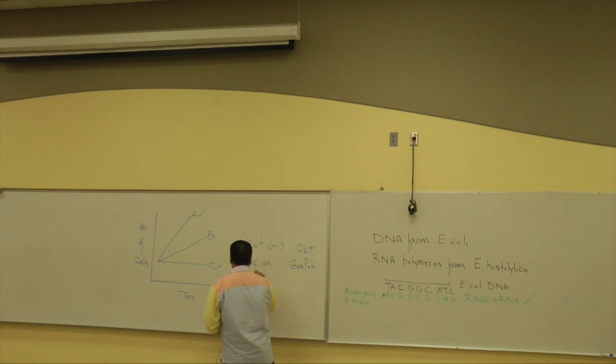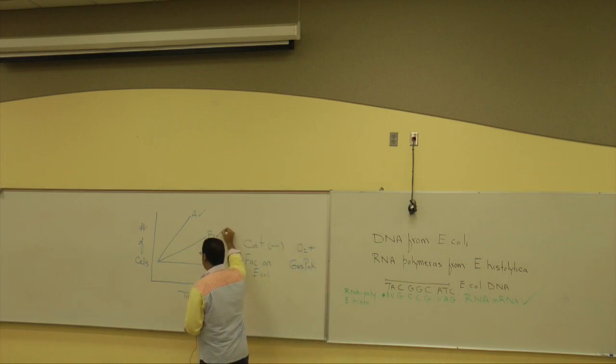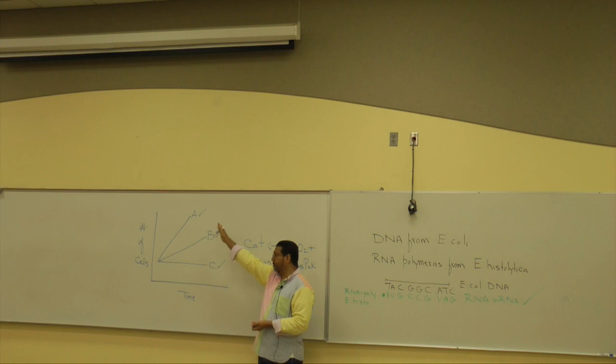Facultative anaerobe such as E. coli grown in gas pack. They prefer to grow over here, but they can grow right here.